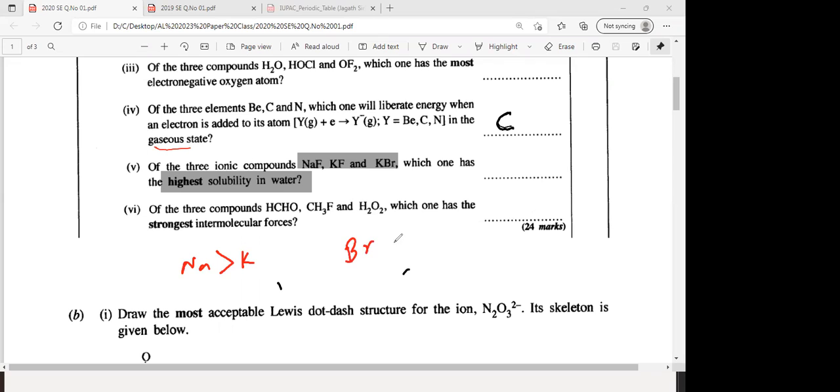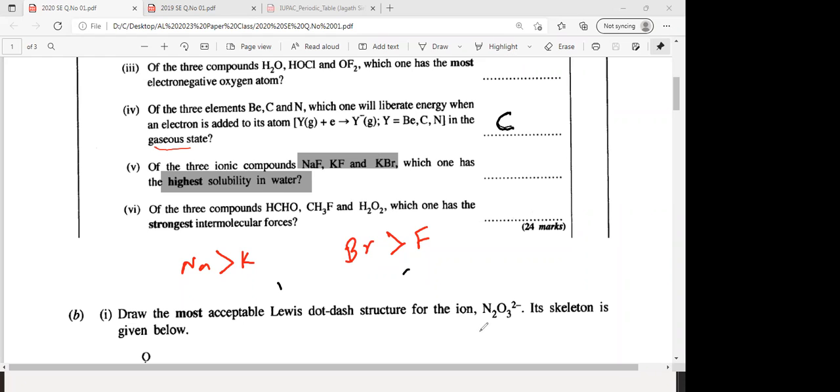Then the anion Br is greater than F. When you take the ionic bond length, what matters is the size of the ion. If they had given NaBr, that would be highest here, but here we take KBr. Actually, they have given two answers.